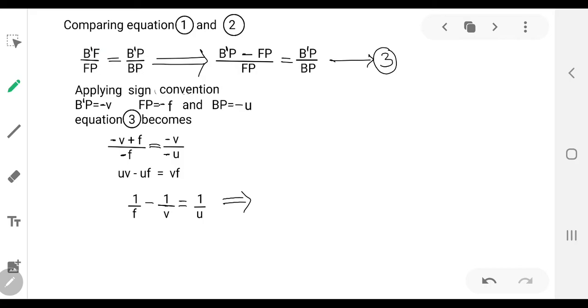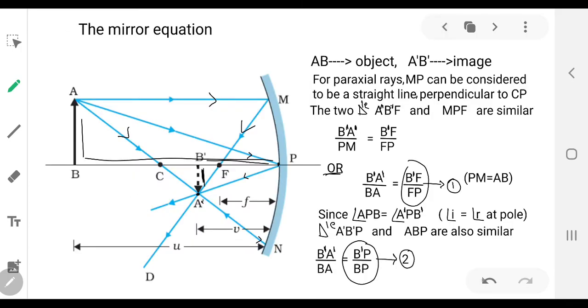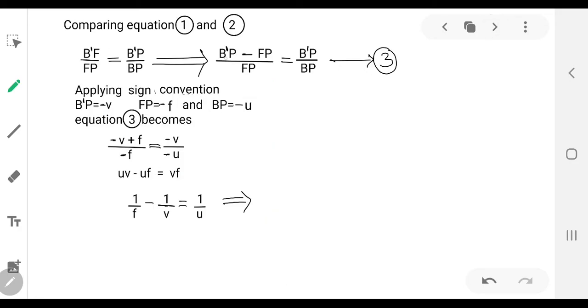Now for B'F, you don't have any substitution for either the object distance or the image distance. So what will we do? B'F can be written as B'P minus FP.